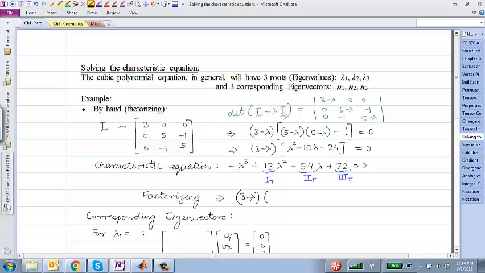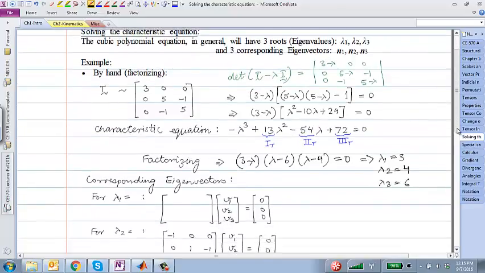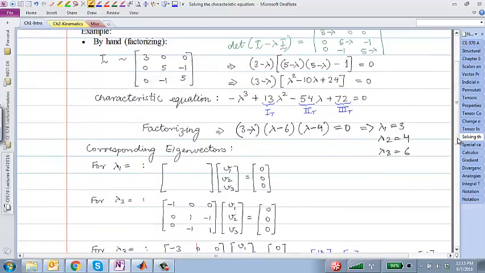So I can write that as lambda minus 6, lambda minus 4, or I could write it the other way, 6 minus lambda or 4 minus lambda, same thing. And indeed, if I do that, it gives me lambda 1 is equal to 3, lambda 2 is equal to 4, lambda 3 is equal to 6. So 3, 4, and 6 are the eigenvalues.